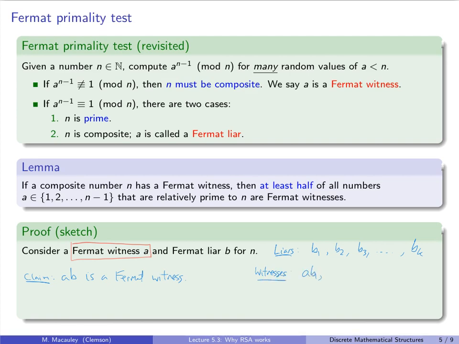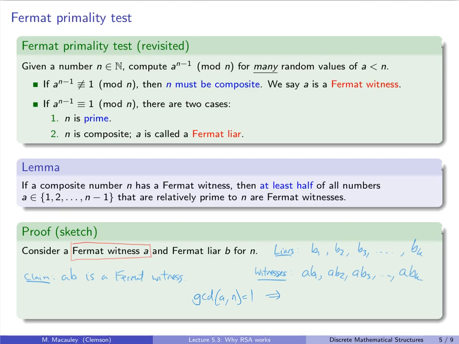A times B1, A times B2, A times B3, all the way up to A times BK. So in other words, every liar corresponds with a witness. Now we still have to show that all of these are distinct, but that's immediate from the fact that the GCD of A and N is equal to 1.